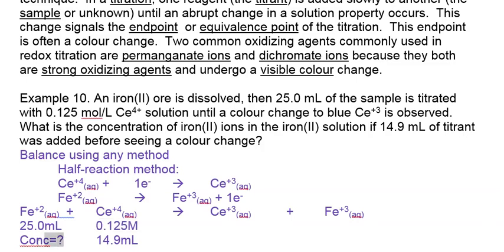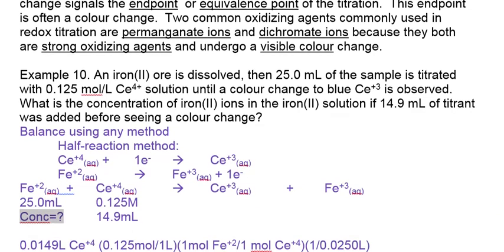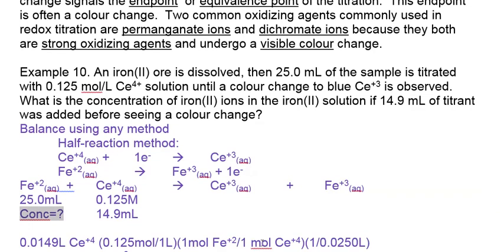We want to end up at concentration of iron, so our mole ratio is going to be with iron. And then we want to get to concentration. So if we stopped right after these first steps, we would be at moles of iron. So if we want concentration of iron, we need to divide by liters. Sometimes we show this step separately as C equals n over V, right?